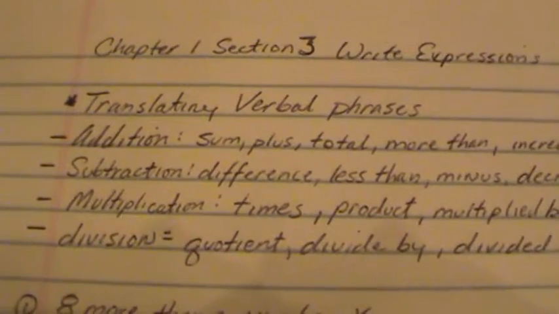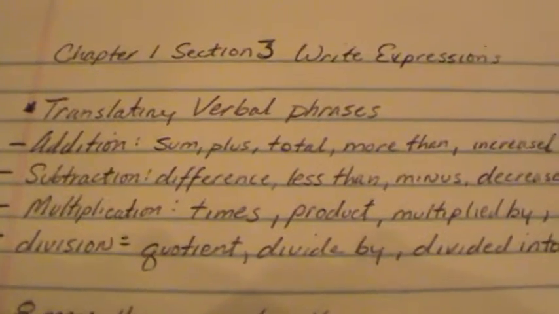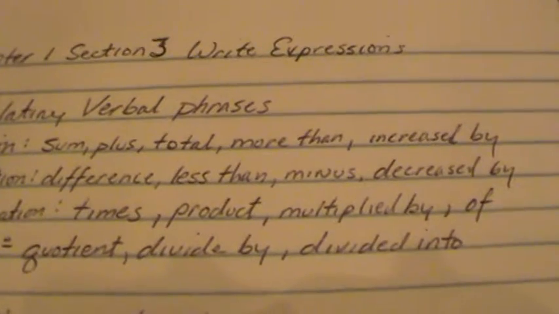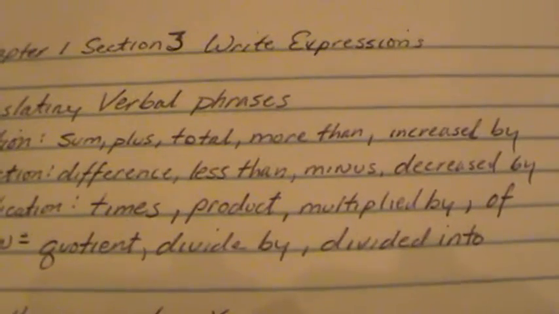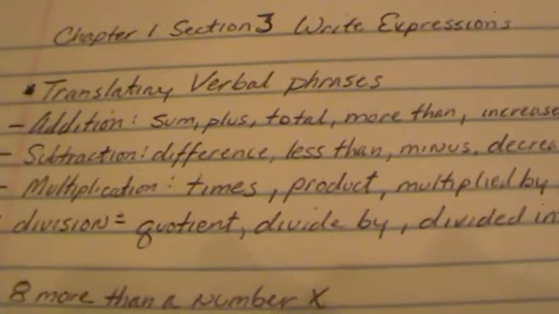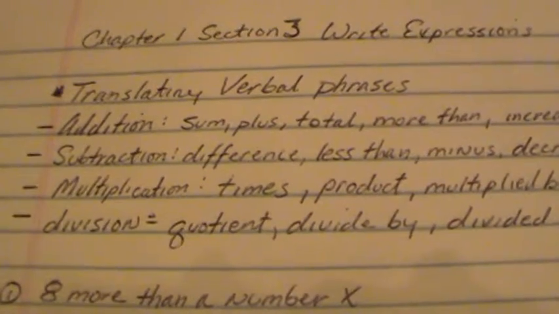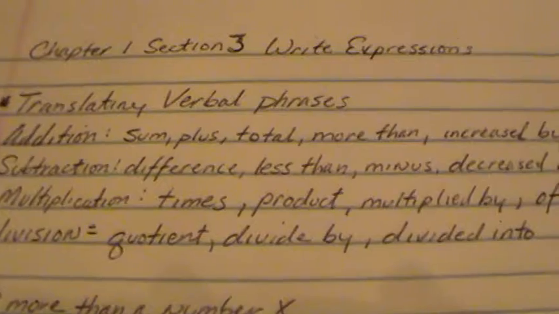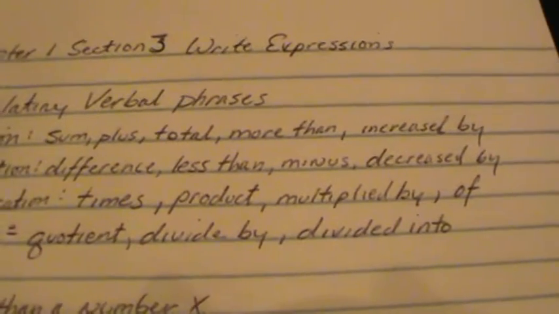Anytime that you see words like sum, plus, total, more than, and increase by, that's all addition. So any time you see that, you're going to think addition. The next one is subtraction. Key words for this would be difference, less than, minus, decrease by.